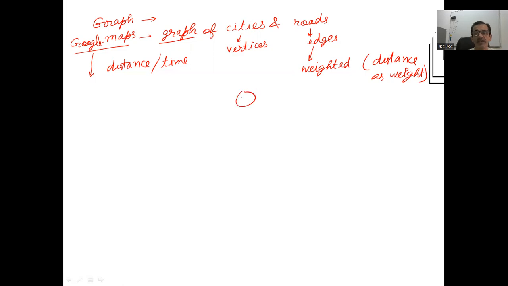So if I have city A and city B, and this has 105 kilometers distance, and city B to city C, let's say 35 kilometers. One way of going from A to C can be via A, B, C, which requires 140 kilometers.